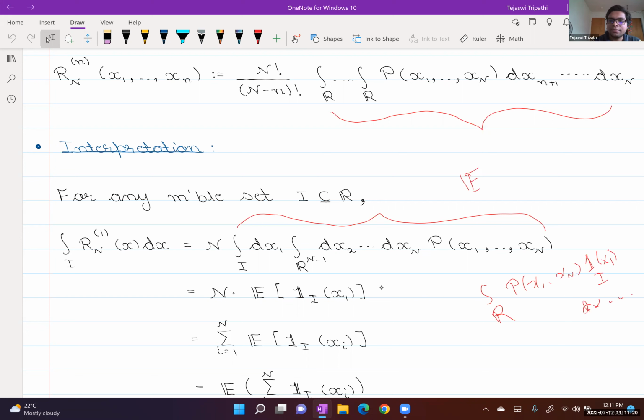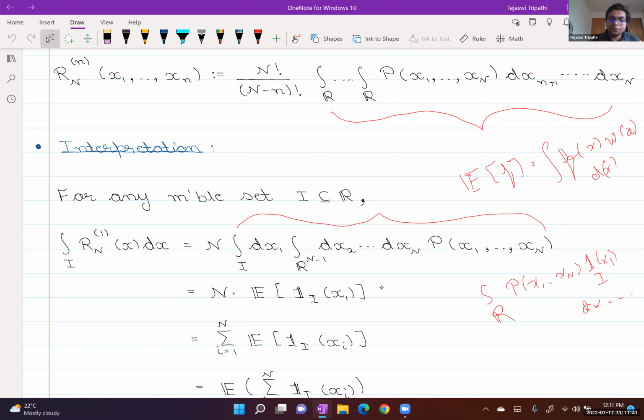Expectation of f is the integral of f times the density, say w(x), and this is how we define expectation. So this is nothing but the expectation of 1_I(x1).